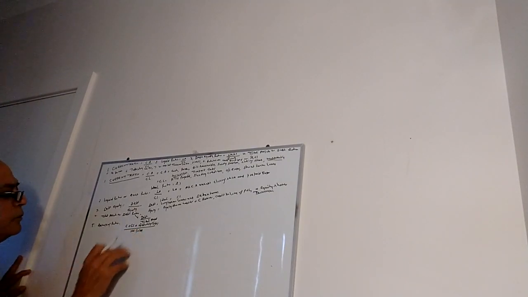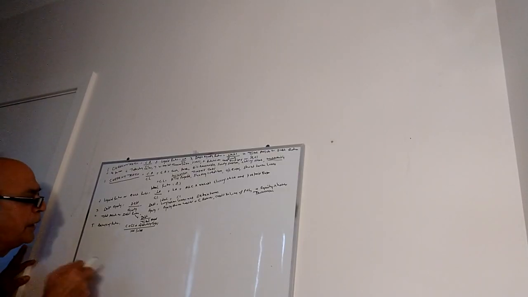So this is called operating ratio, that is how our business is operating, is doing. Out of net sales, how much we are having operating cost. That is cost of goods sold plus other operating expenses.